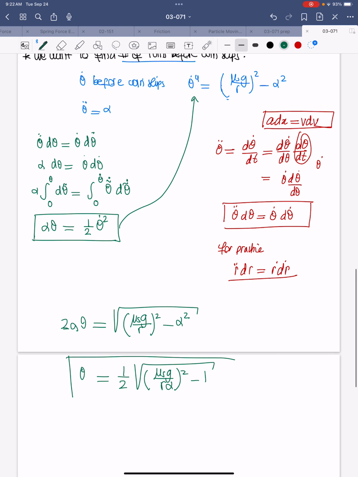So this here is the angle at which the coin starts to slip.